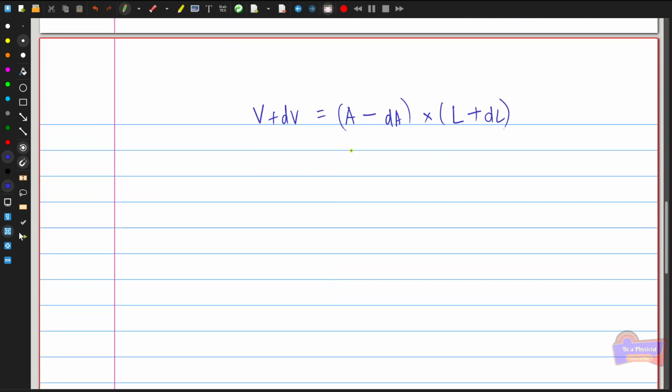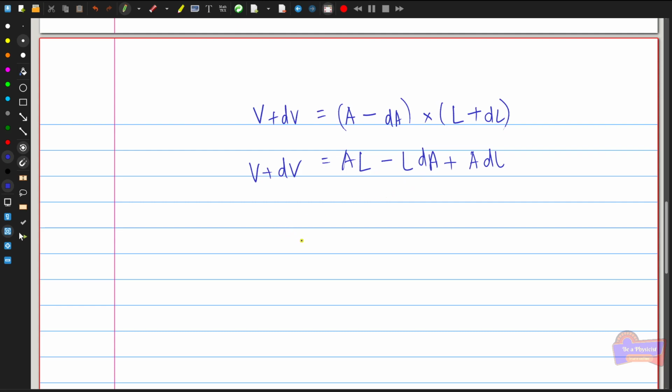So I can multiply this out as AL minus L into dA plus A into dL minus dA into dL. Here you can see that dA and dL are very small, a small change in the length as well as area. So this multiplication will give a negligible result, so I am going to omit the dA into dL, and write the equation V plus dV as follows.